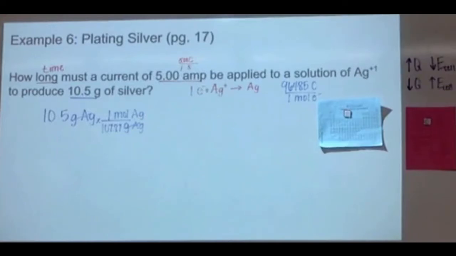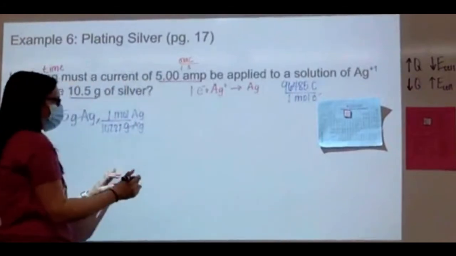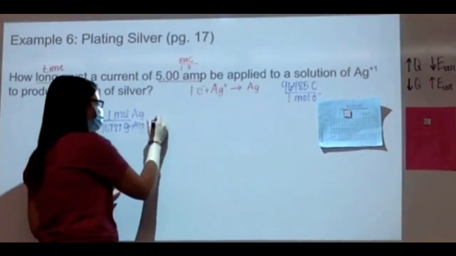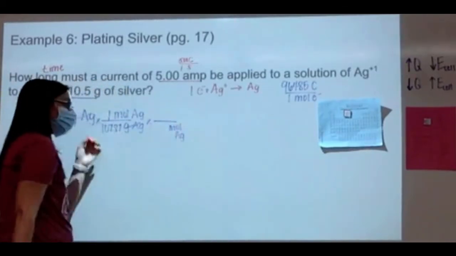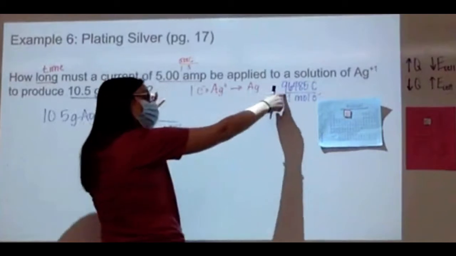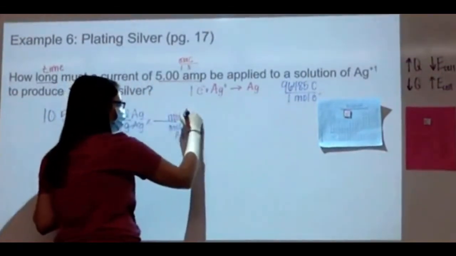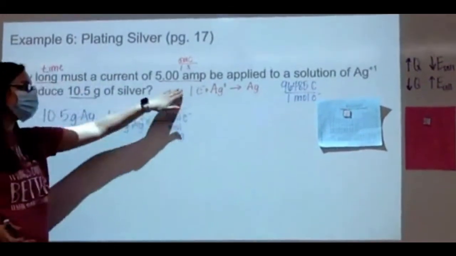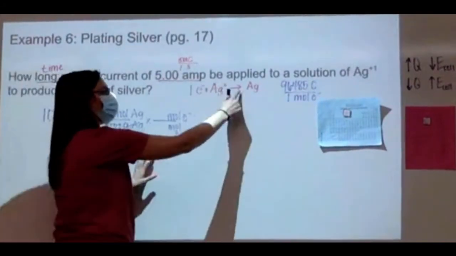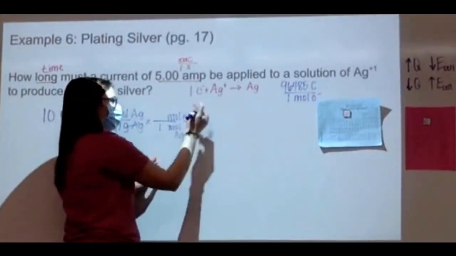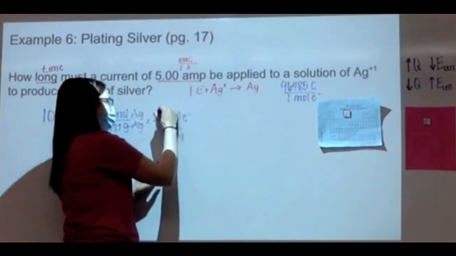So then you want to think about, okay, what should I convert to next so that I could use one of these 2 conversion factors? Well, I'm still in moles. I need to cancel moles of silver. I noticed that to use Faraday's constant, I need to get to moles of electrons. Well, this is nothing more than a mole ratio of a balanced half reaction. For every 1 mole of silver that is created, how many moles of electrons do we need? Just 1.